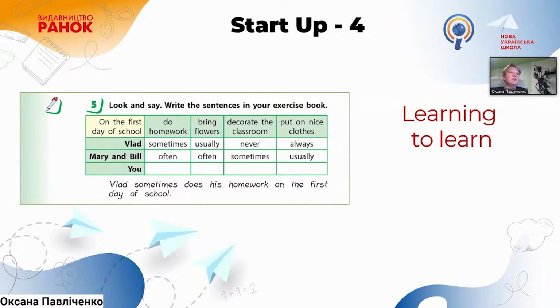Learning to learn is a very important thing because it teaches our kids to use the textbook as a source of information. Not only the textbook, but it is important to teach our children to use different sources of information. But when they are primary school learners, it is not very easy for them.